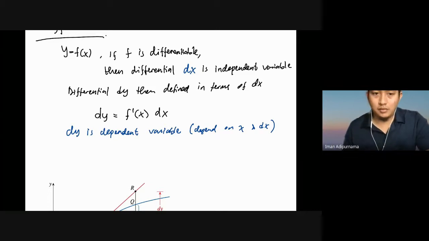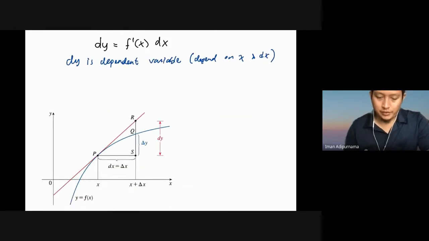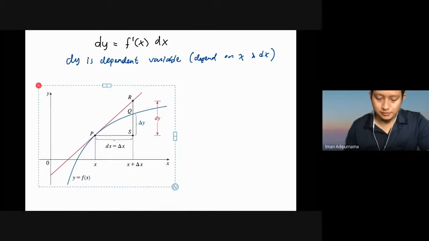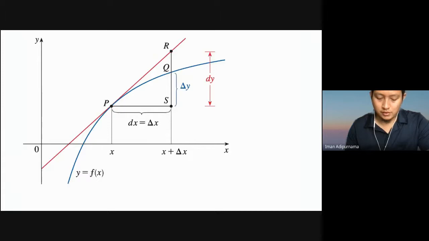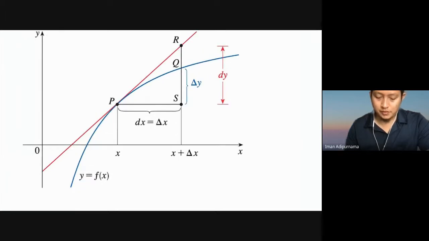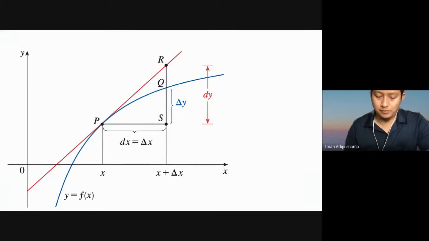And how we are going to interpret this statement is basically by looking at the graph here. So if you look here, we have a function f of x, and we have the tangent, the red line there.